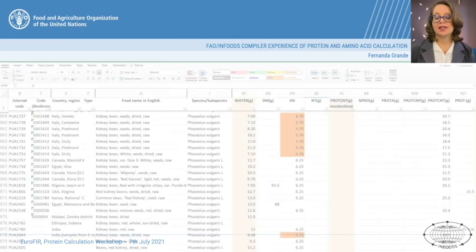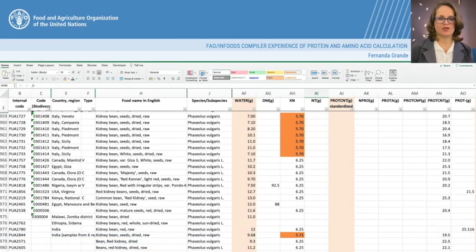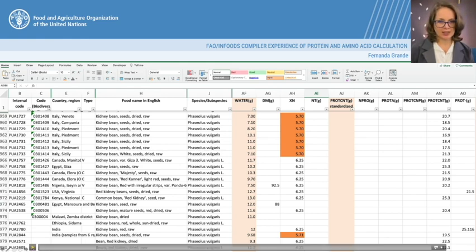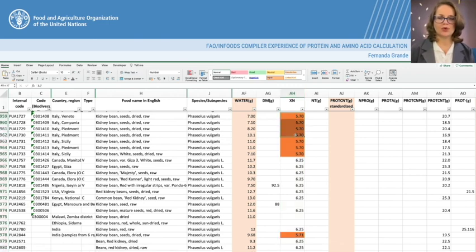Here you can see the reference database for the pulses database, where the values were standardized. Note that in this column, where the conversion factors from nitrogen to protein were different from 6.25, all protein values were recalculated in the standardized protein column.